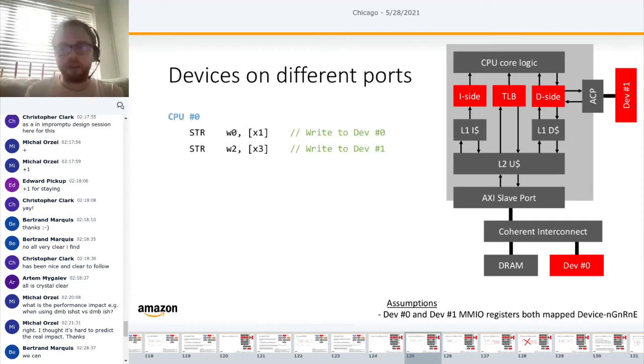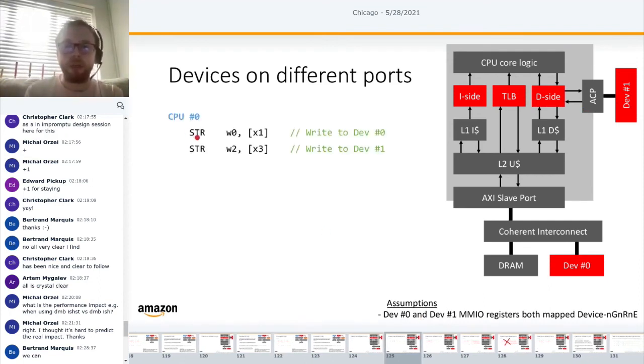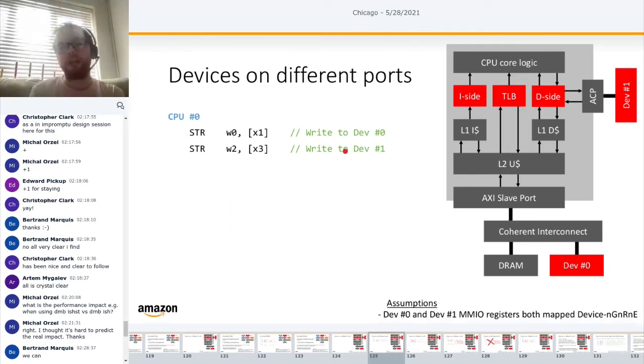So similar sort of thing as before. Let's just say I'm going to do a write to device 0, and then I'm going to do a write to device number 1. So it might be, again, if this was some sort of debugging infrastructure, maybe I've got something very important where I can audit what's happening on this system. And if I write to device 0, it logs some message into some nicely ordered log.